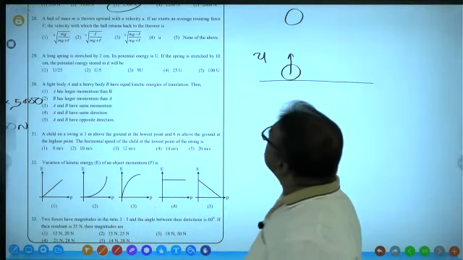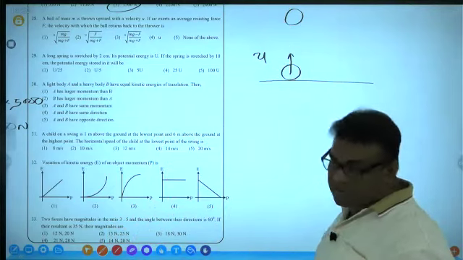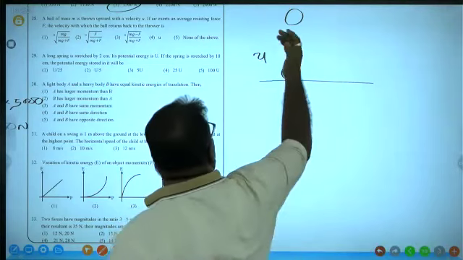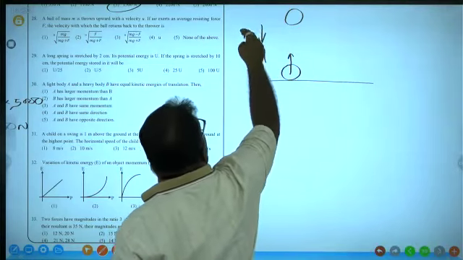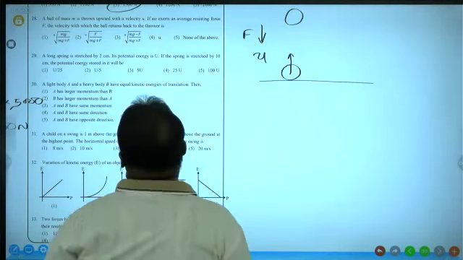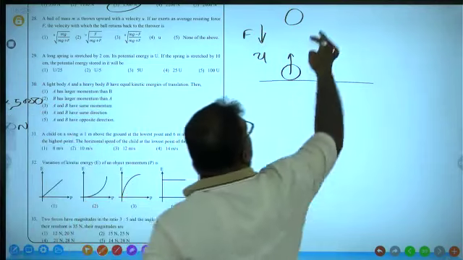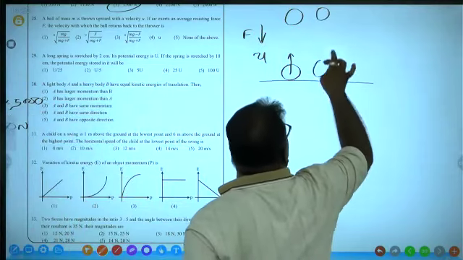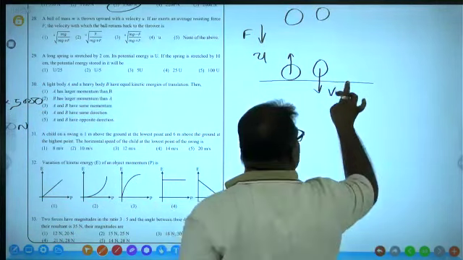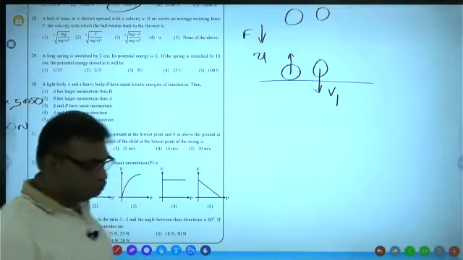If air exerts an average resistance force, going up the resistance acts downward. Okay. Resistance force F, the velocity with which the ball returns back to the thrower's hand is. After going up, it has to come back down. They are asking for this velocity v1.